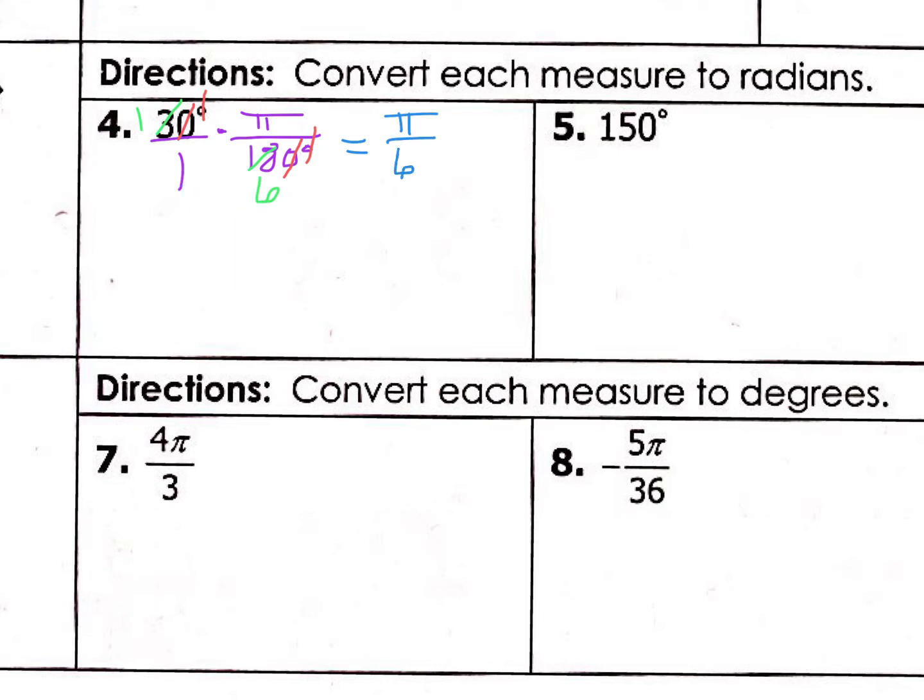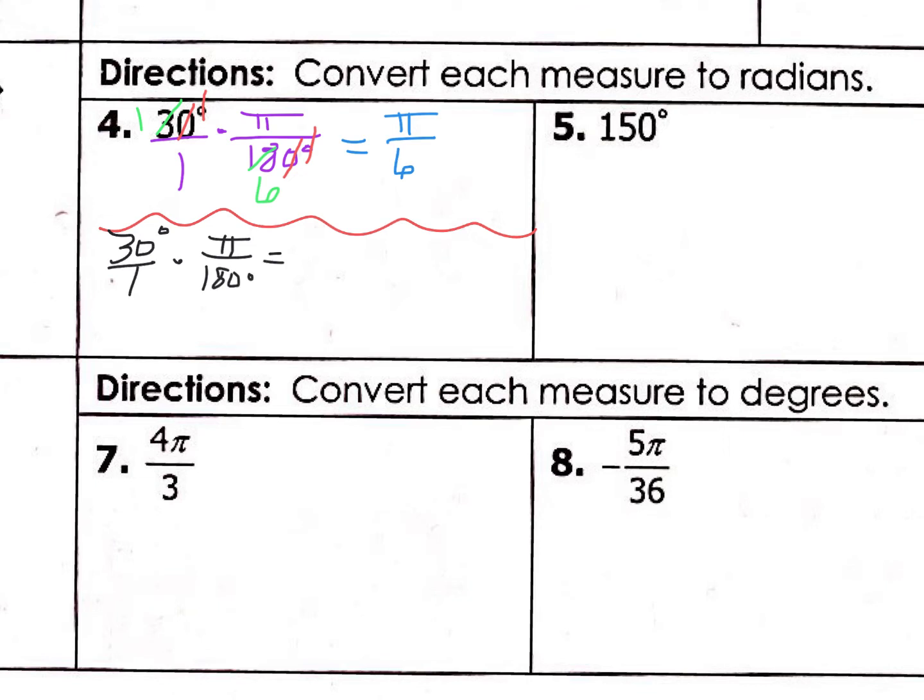Now, the other way that you could have chosen to do this, and this is your choice, we could have taken the 30 degrees over 1 and multiplied it by the pi over 180 degrees.